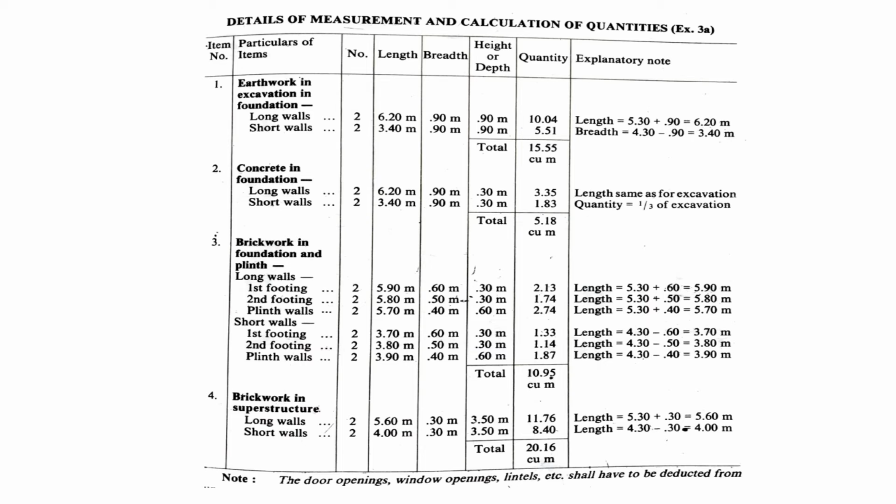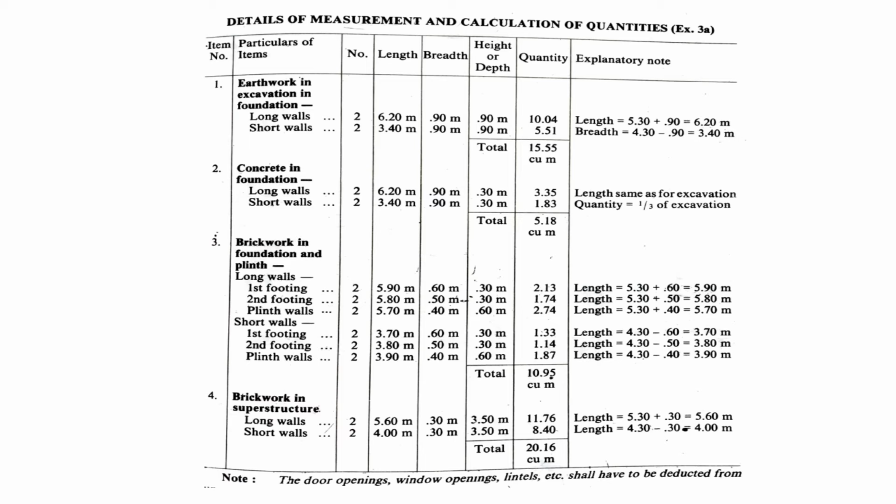For excavation, two numbers of long walls. Length, from the explanatory notes, is 5.3 meter, that is center to center distance plus 1 width, the width of excavation 0.9, is equal to 6.2 meter.